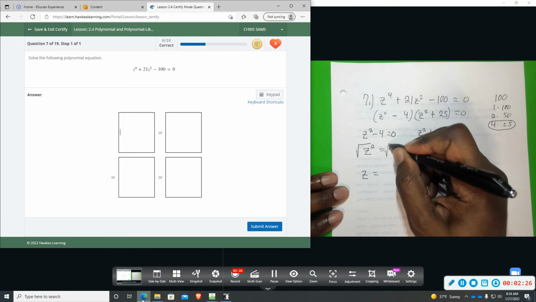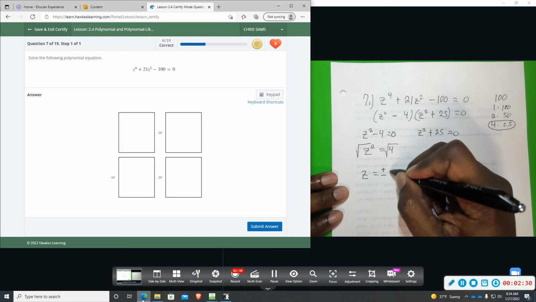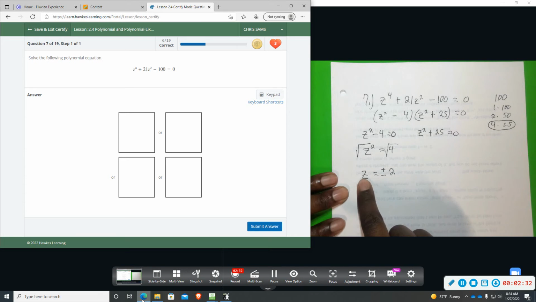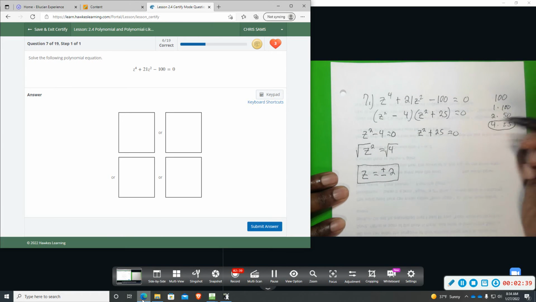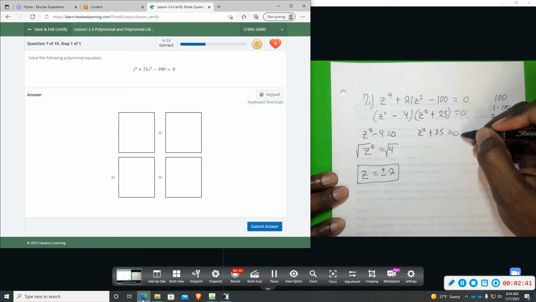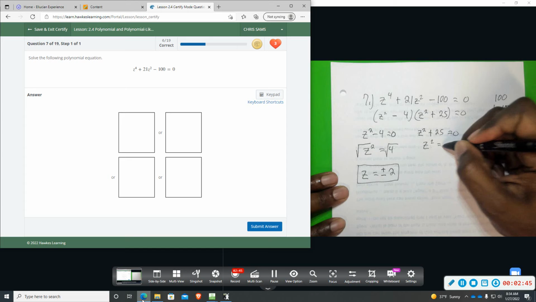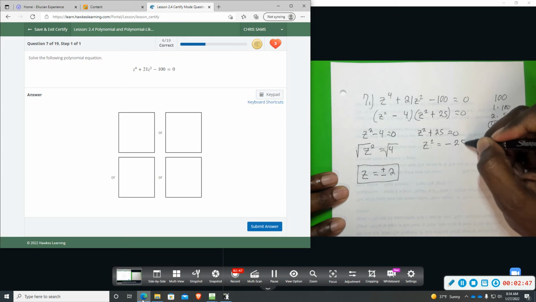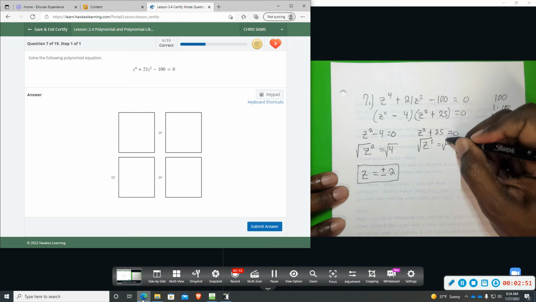And then when you take the square root of a number, you have to remember positive or negative. And the square root of 4 is 2. So we get z could be positive or negative 2 on this side. And then over here, we're going to do the same thing. We're going to subtract 25. So we have z squared equals negative 25. Alright, we're going to take the square root, both sides.